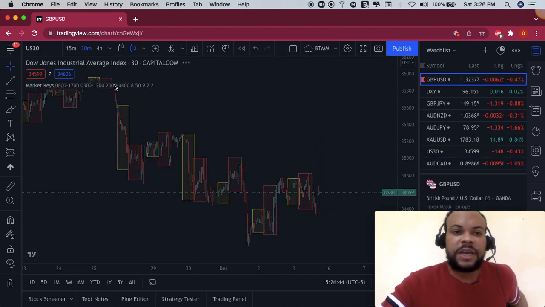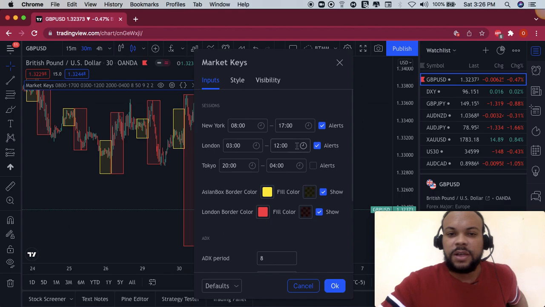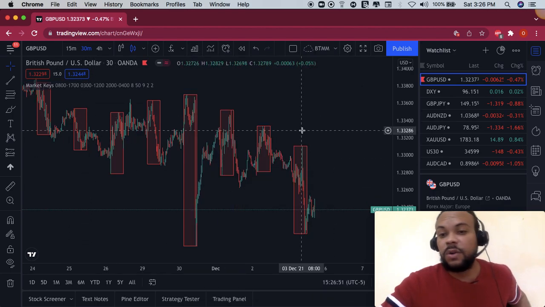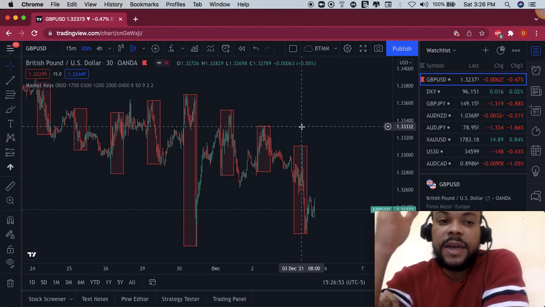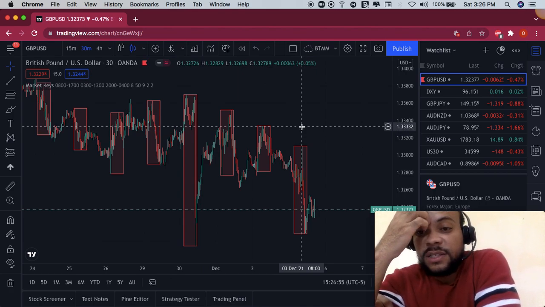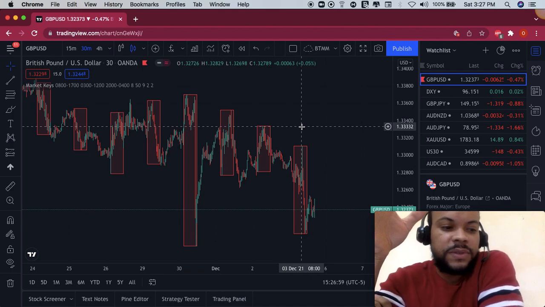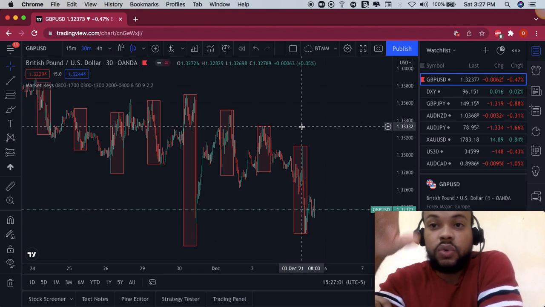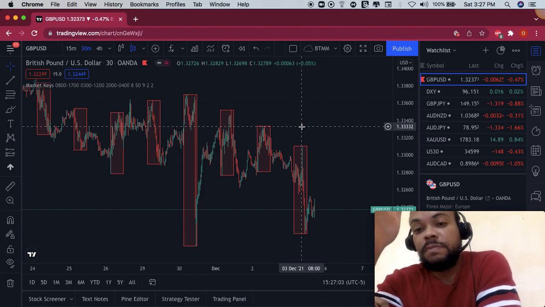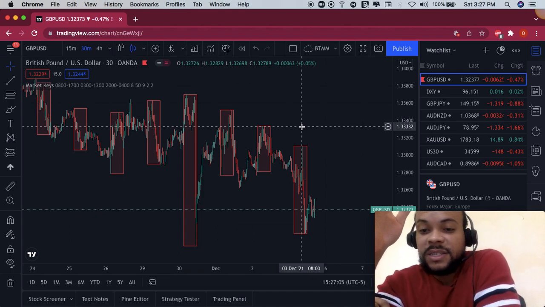So generally, I just remove all of this and I just focus on one session only, and that is the London session. But like I said, many different people have different sessions. It doesn't really matter. You have to figure out what works best for you, what makes it easier for you to trade.